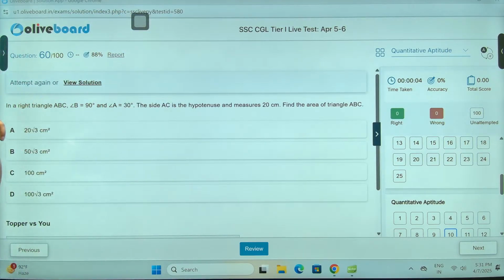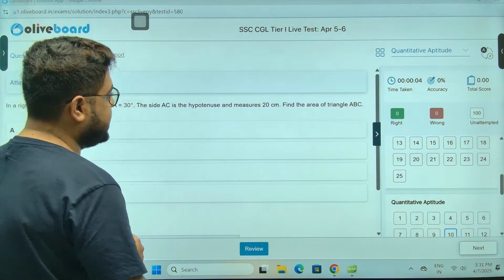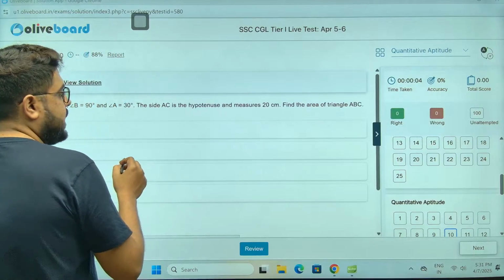Triangle ABC, angle B is 90, A is 30, hypotenuse AC is given as 20. Find the area of ABC.